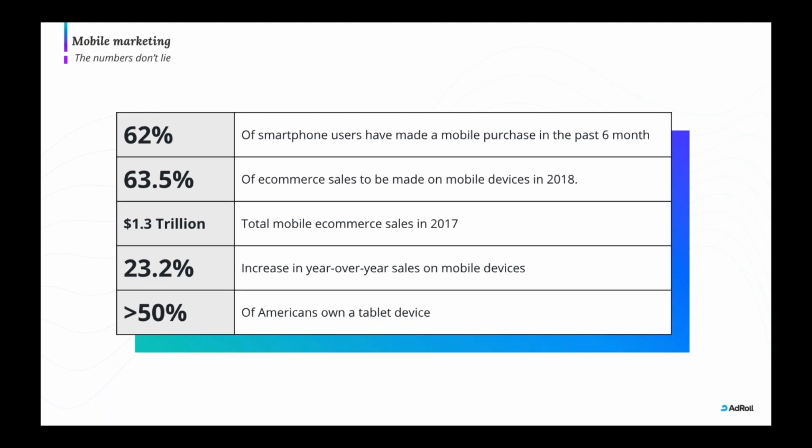And a lot of this is because more than 50% of Americans now own a tablet device. So something that maybe 5 years ago was a unique thing to own, to buy an iPad or whatever it might be, is now something that the majority of Americans have within their repertoire.